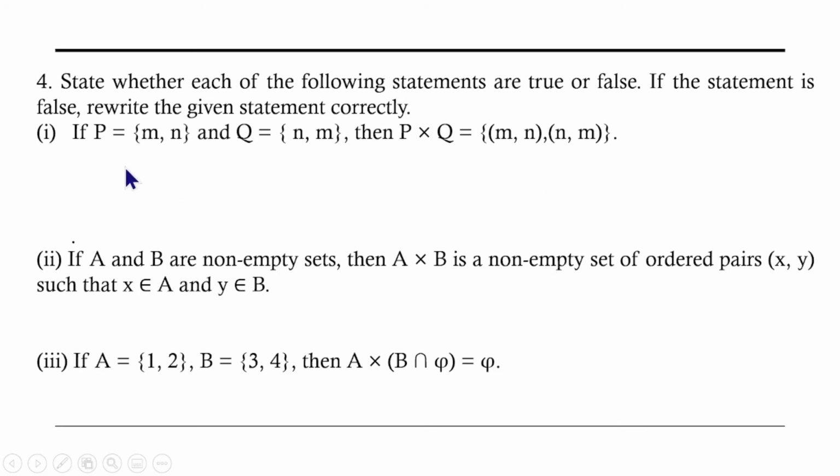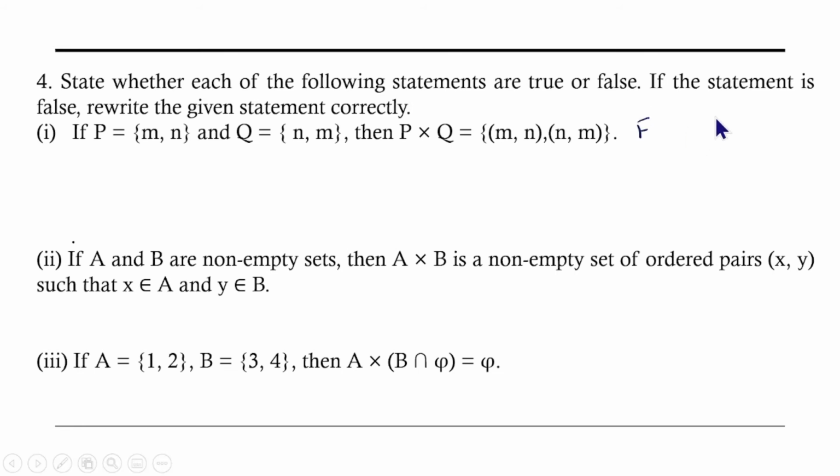Here the set P consists of two elements and the set Q consists of two elements. But P cross Q should have 2 into 2, 4 elements, and there are only 2 elements. So this is false.